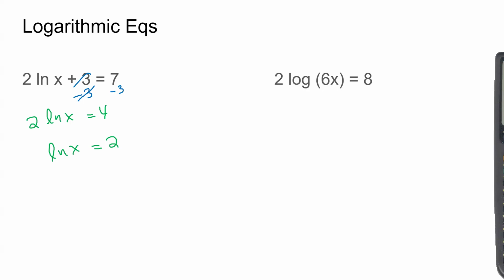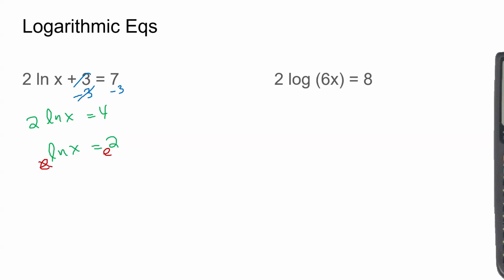Okay. What I would do right here is I would take both sides and I would raise e to the left-hand side and e to the right-hand side. That seems like a really weird thing to do, but we did the same thing to both sides. I took e and raised both sides to the exponents that were there.